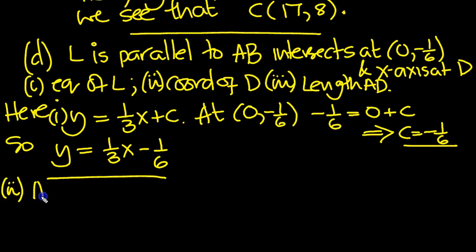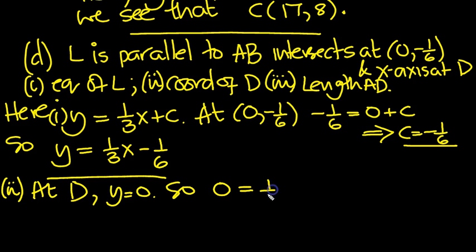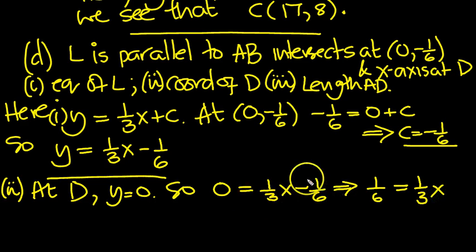At D, it intersects the x-axis, so that means y equals 0. Substituting that in, 0 equals 1/3 x minus 1/6. Then I'm going to move things around. Move that 1/6 over here, so 1/6 equals 1/3 x, where I've moved it over to become a plus.